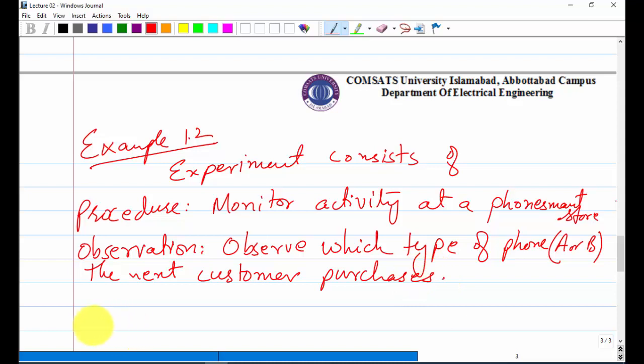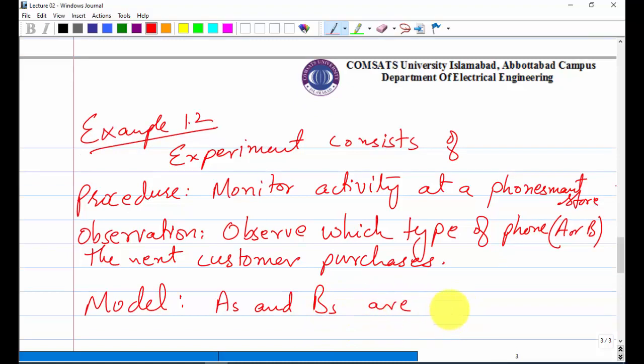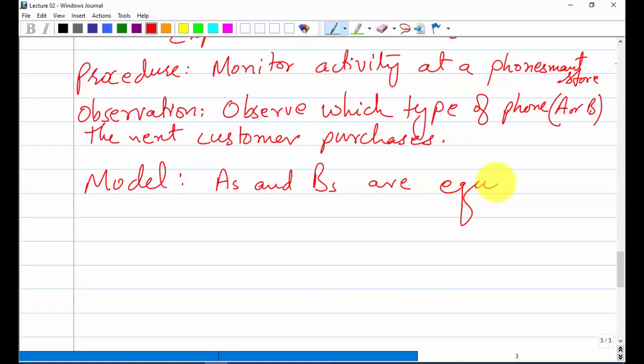And what is our model? Apricots and bananas are equally likely.